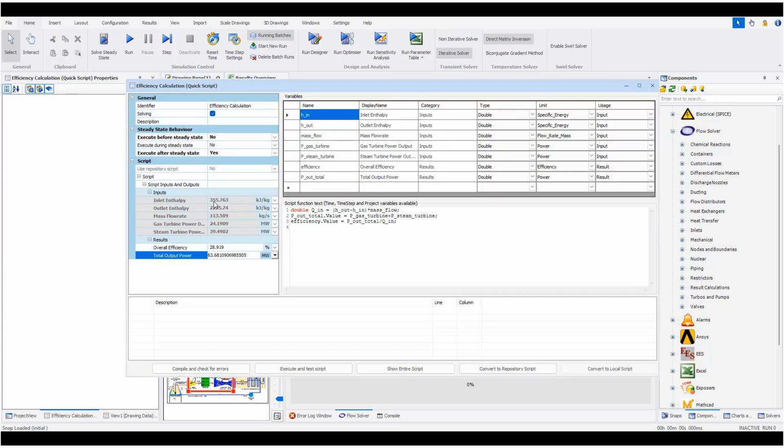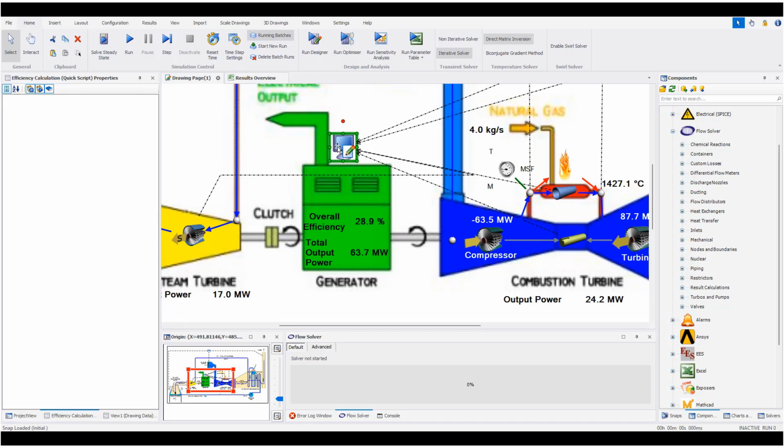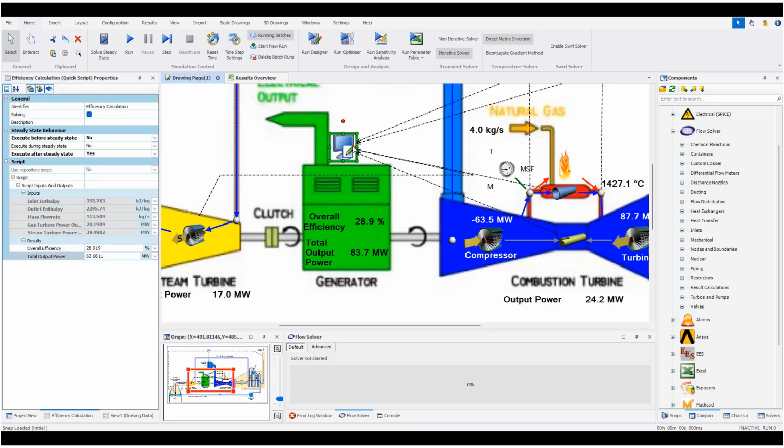If you double click that, you can see that these are the formulas used for calculation of the efficiency and the total power, and here also if you click, okay, you can find the list of the inputs, parameters and outputs.